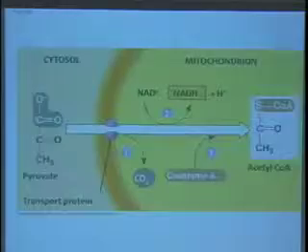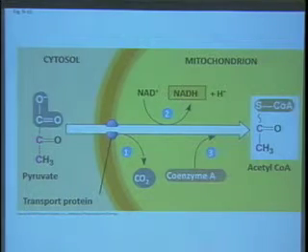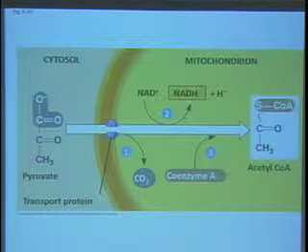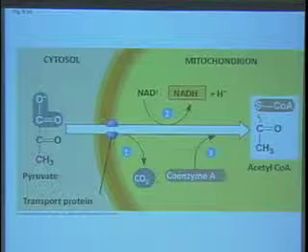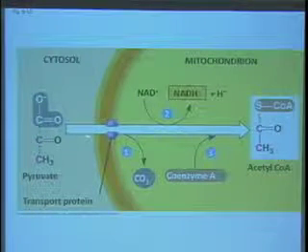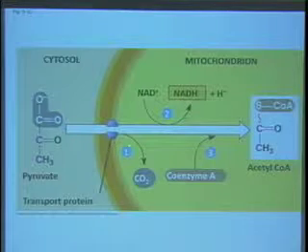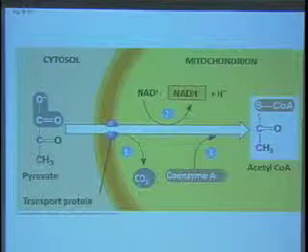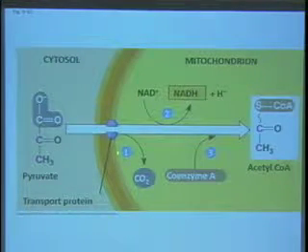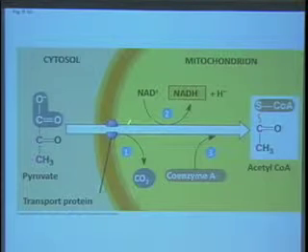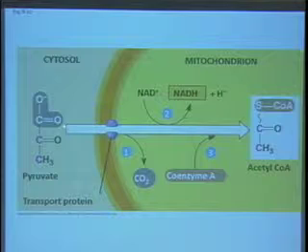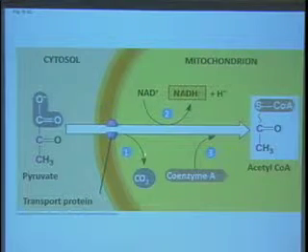So the next slide shows the first step of this process. So this is before the citric acid cycle can actually get going. Pyruvate, and here it is, right here, has to go across the mitochondrial membrane, and once it gets across, it interacts with a large enzyme complex called pyruvate dehydrogenase, PDH, and that enzyme complex catalyzes 3 steps of this reaction.